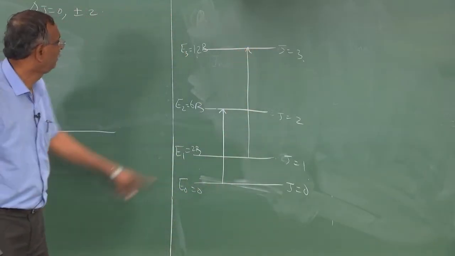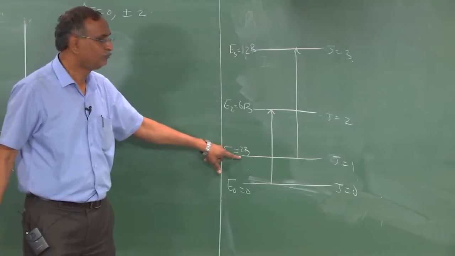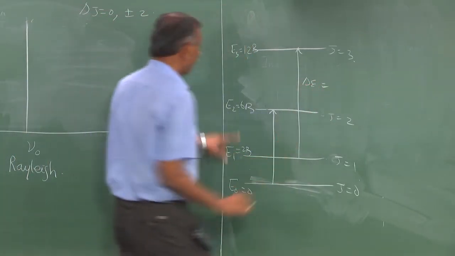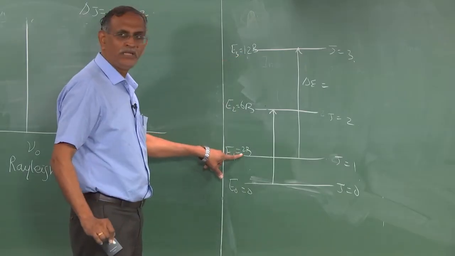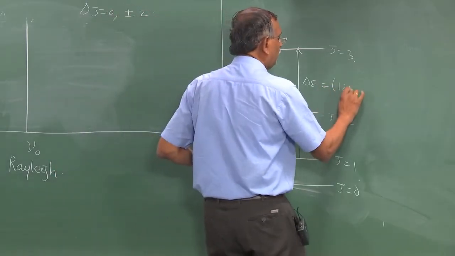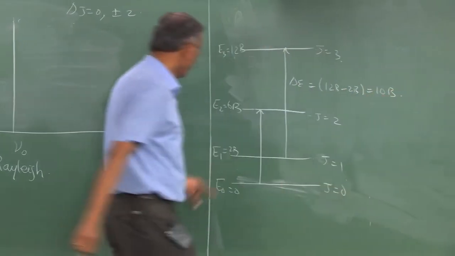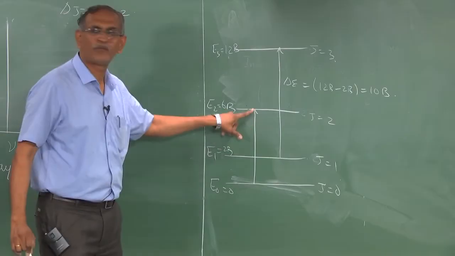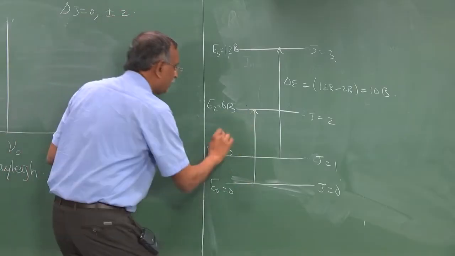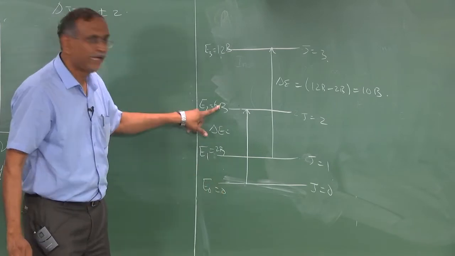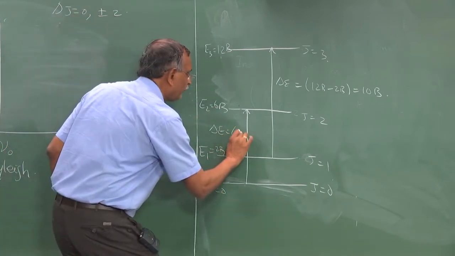What's the difference between the two? This delta E is 12B minus 2B, and that is 10B. What is the lowest frequency that we would measure? This delta E is the difference between 0 and 6B, therefore this is 6B.